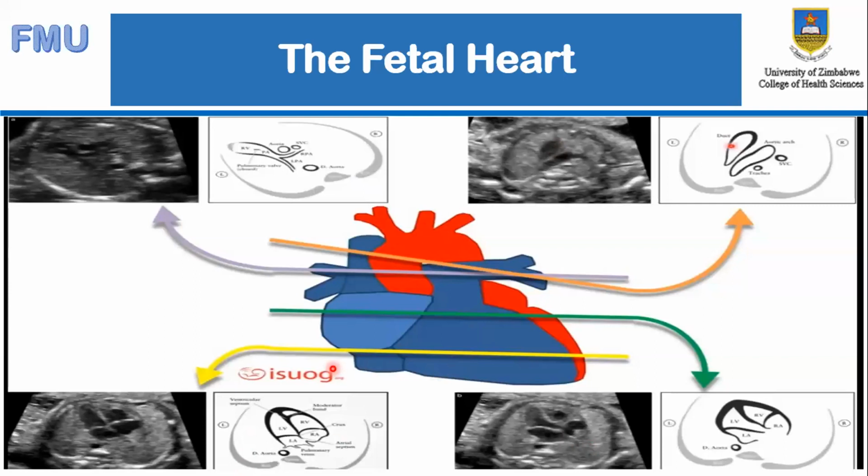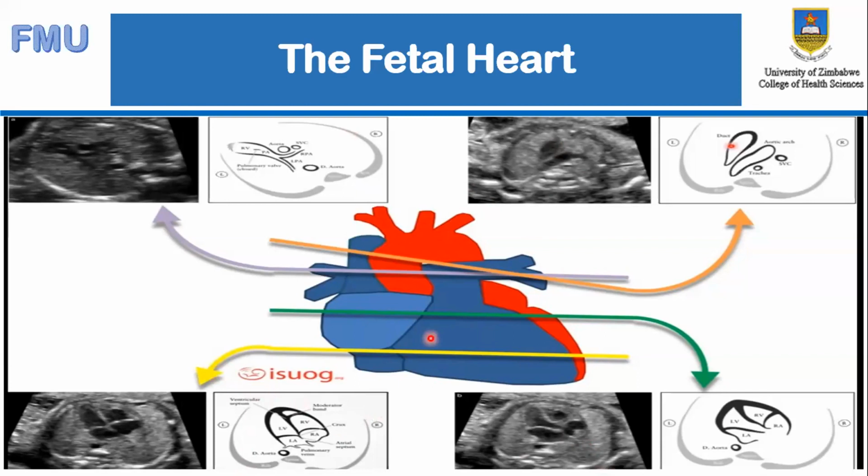So all these images are obtained in axial. The trick is just tilting the probe towards the fetal head and slight angulation either to the right or to the left of the fetal shoulder in order for us to get all these four views in transverse. So the four chamber, we are at this level. We move up slightly, we tilt our probe slightly upwards, and our probe is directed more to the fetal right shoulder.